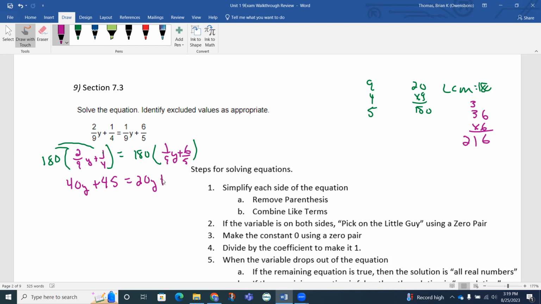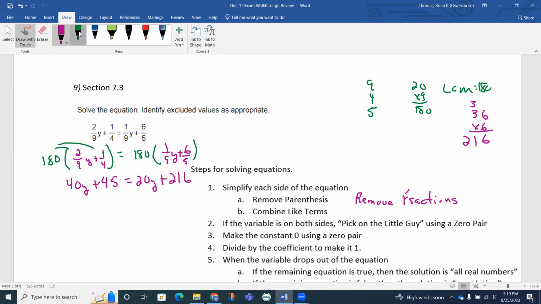So it's 20y plus 216. We got rid of fractions because that's an easy strategy to make this look easier. That's part of the simplifying process, and we use the least common multiple or least common denominator for that.